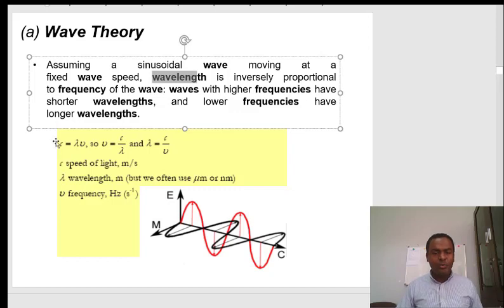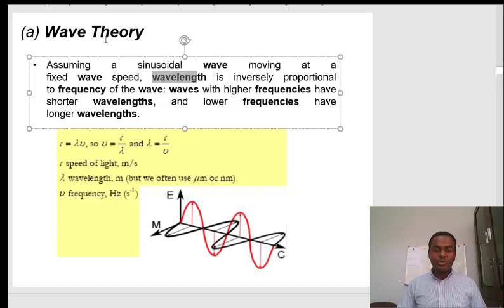Okay, from wave theory we can put this theory in terms of c, wavelength, and frequency. C is the speed of light, wavelength, and frequency. Since this is constant, if you extract frequency, you get c, the speed of light, over wavelength. Now, from this equation, you can understand that there is an inverse relation between frequency and wavelength.